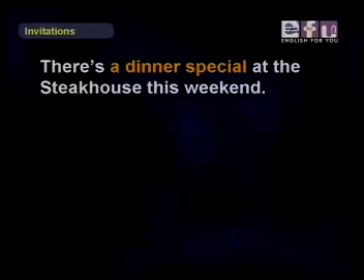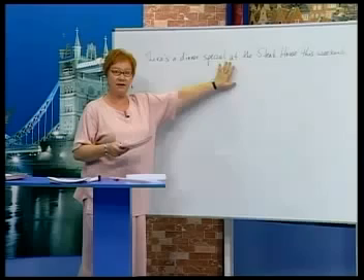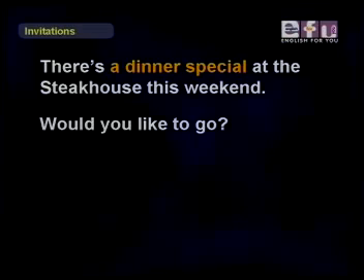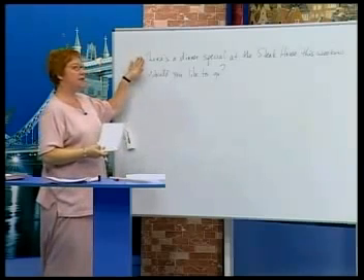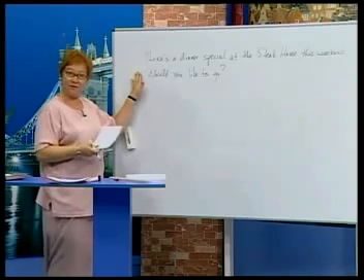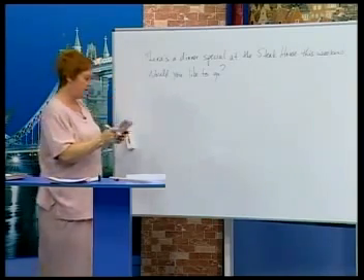So there's a dinner special at the steakhouse this weekend. Here's the information, and now you can say, would you like to go? There's a dinner special at the steakhouse this weekend. Would you like to go? Okay, information and invitation.